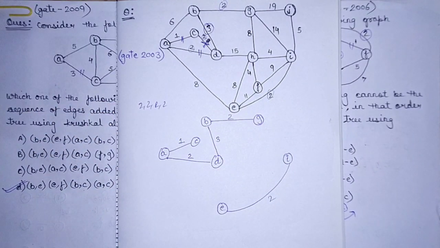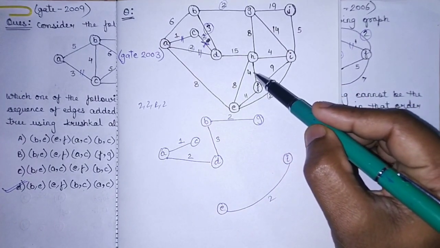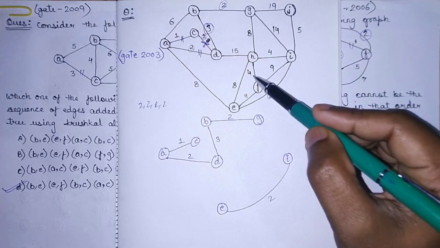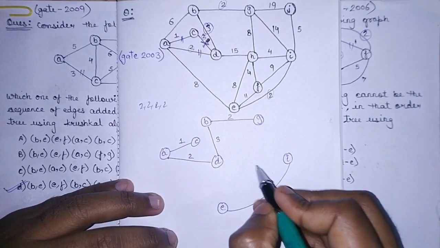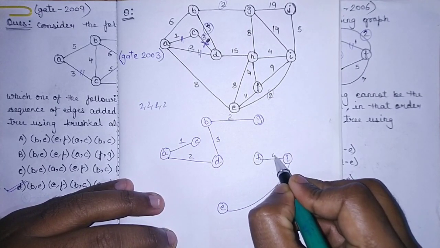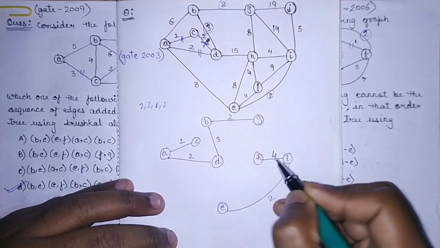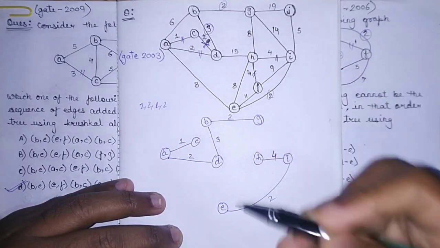After this B to D, what is the next minimum value for edges? See, 4 is the next minimum value. Now we have to take this 4. We can take any one of these 4 at first. So I am taking this H to I, which is 4. Now we are done with this 4. Can we take the next 4? Let's see if it is possible.